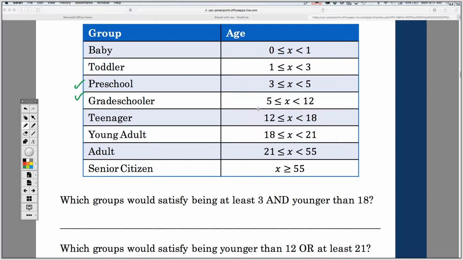How old can you be to still be a preschooler? What do you think, guys? What's your least amount? 3. Okay, so you're going to circle 3 with the sign. What about grade schooler? What's the oldest for grade schooler?